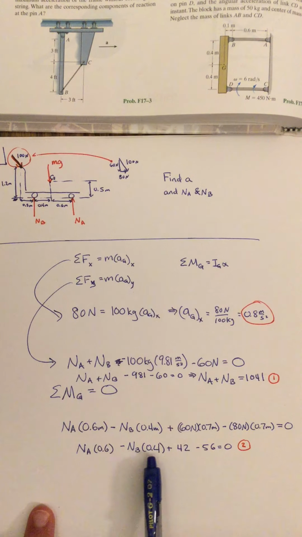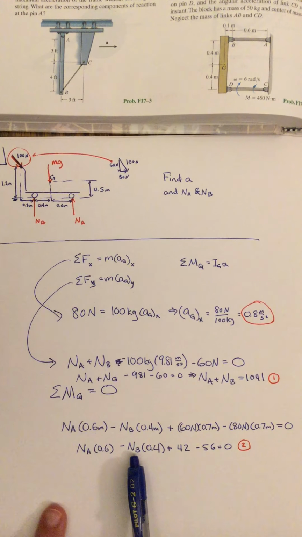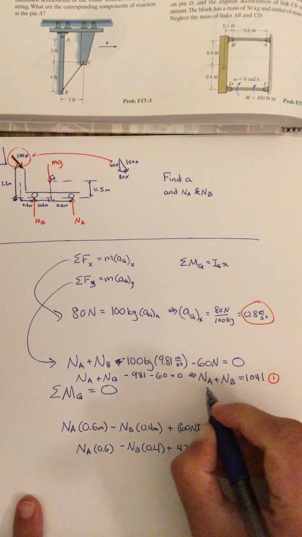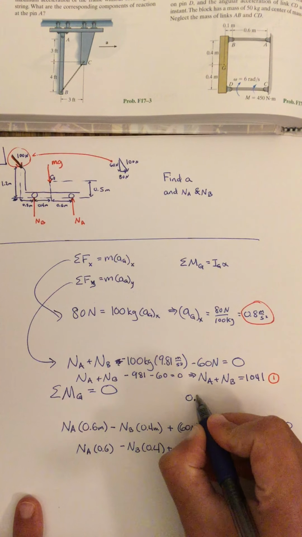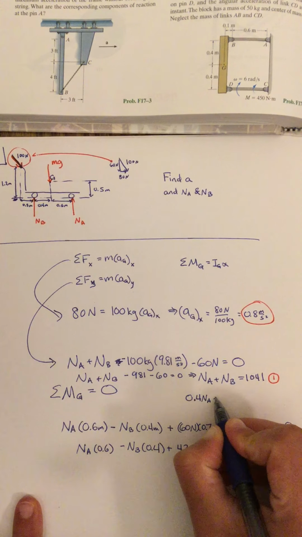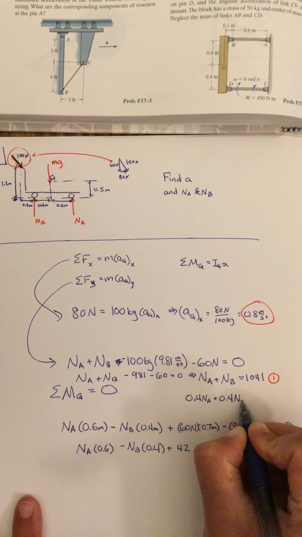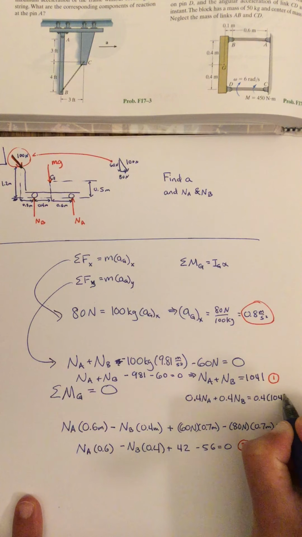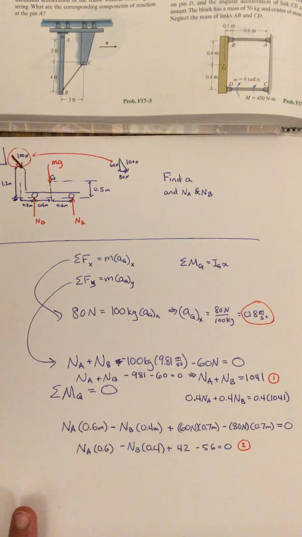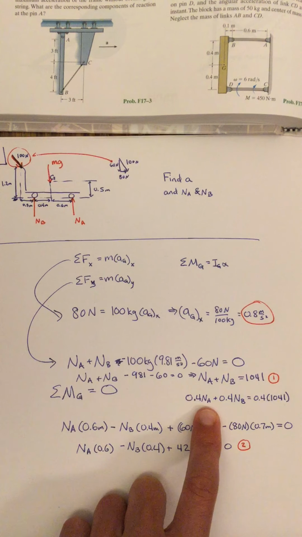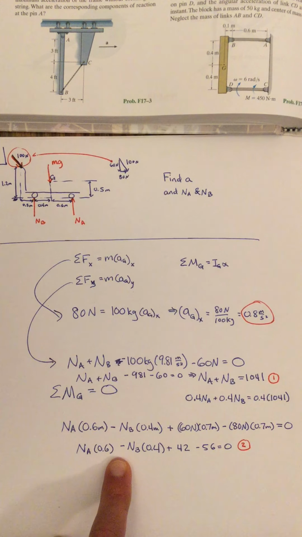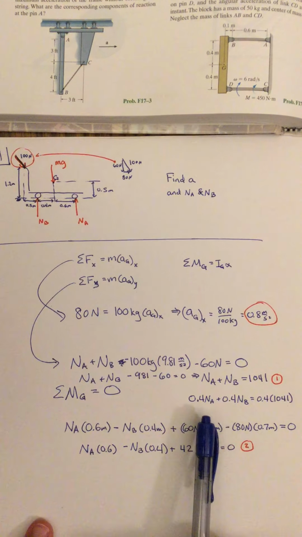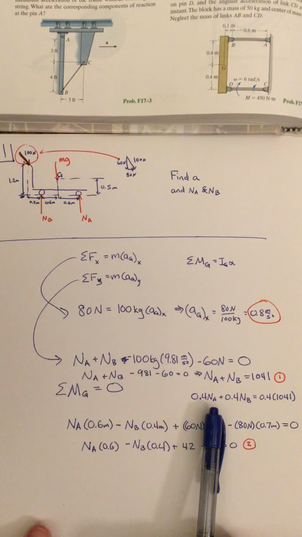Because I have a 0.4 times NB here, and I'm subtracting that, I'm going to take equation number 1 and multiply by 0.4 on both sides. So I have 0.4 times NA plus 0.4 times NB is equal to 0.4 times 1041. And I'm going to take this equation and add it to equation number 2. So if I do that, I add everything on the left-hand sides for the two equations.